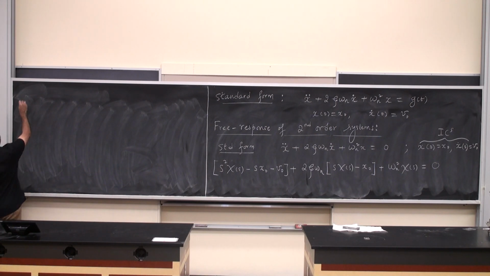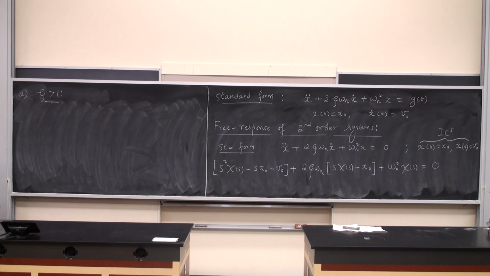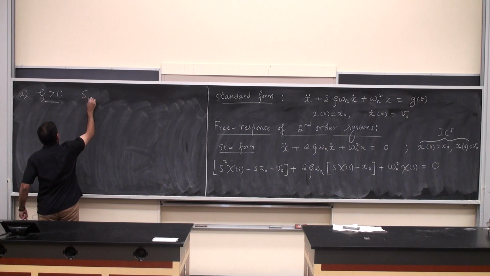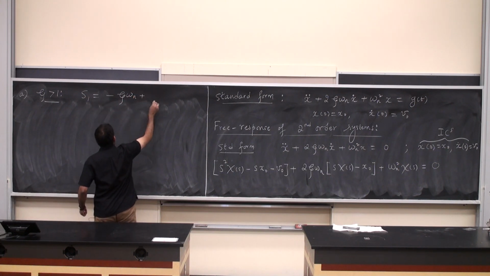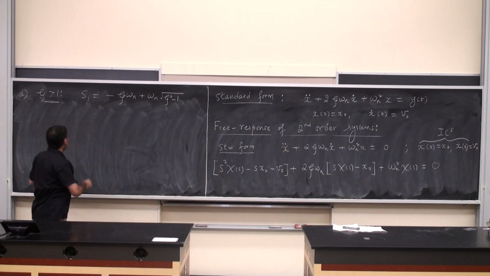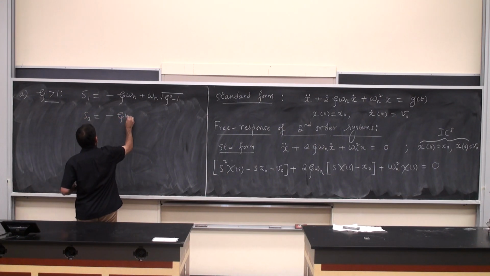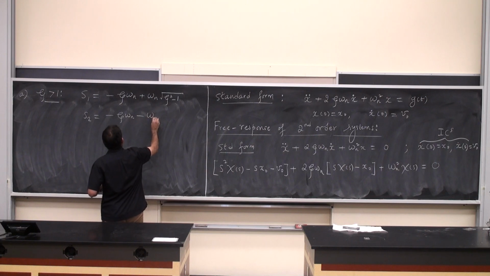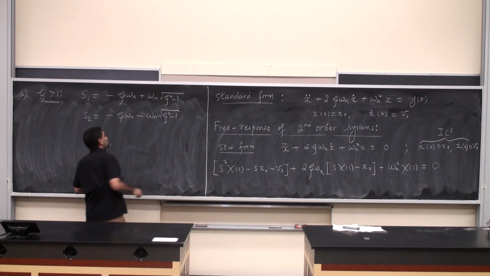All right. Case A, zeta greater than 1. If I look at the two roots, S1 is minus zeta omega n plus omega n times the square root of zeta squared minus 1. S2 is minus zeta omega n minus omega n times the square root of zeta squared minus 1.